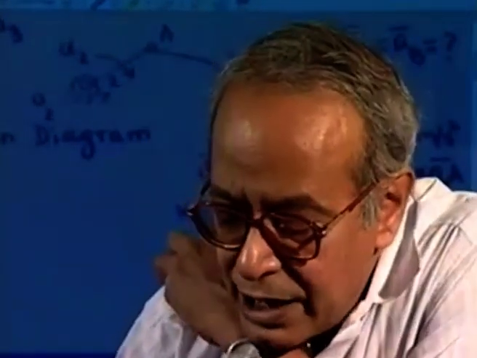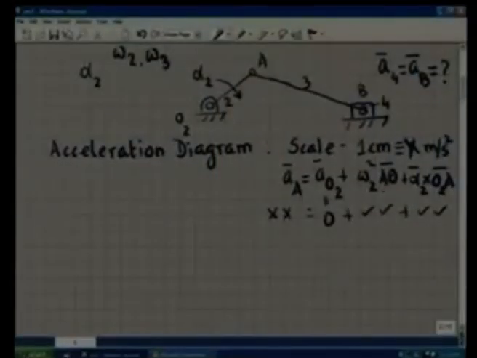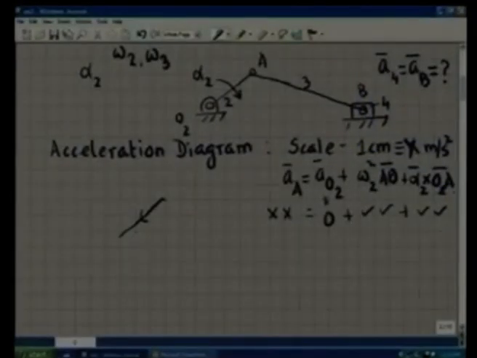So, first I draw acceleration of A, which has 2 components, omega 2 squared AO. So, this is the direction of the vector AO. So, I start from this point, acceleration diagram, and to the chosen scale I draw this vector to represent omega 2 squared AO. Then alpha 2 cross O2A, which is perpendicular to the line O2A. So, I draw in the perpendicular direction.